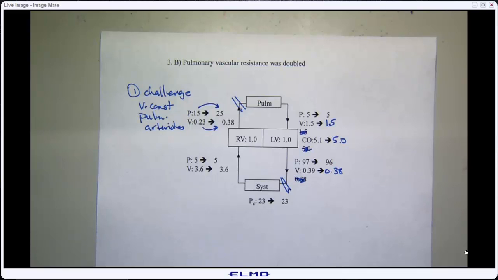That's because this system is so different across that capillary bed. Even if you doubled resistance up here, nothing happens because the system offers so little resistance in the first place. There are arterioles up there, but they are wicked different from systemic arterioles. So this is why we don't play up there, because they don't affect the system very much.